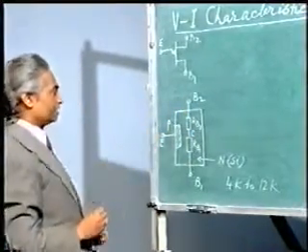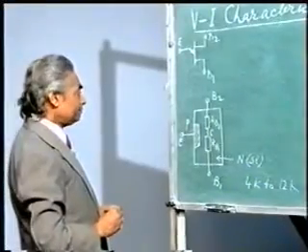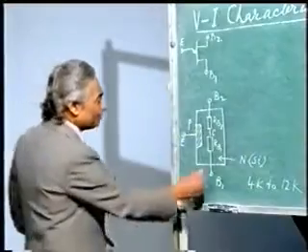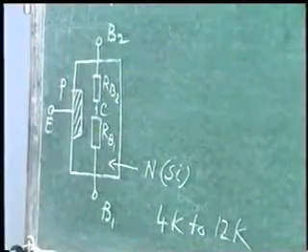This is the construction. Now, suppose I give a supply between B2 and B1. B1 and B2 are known as the interbase terminals.